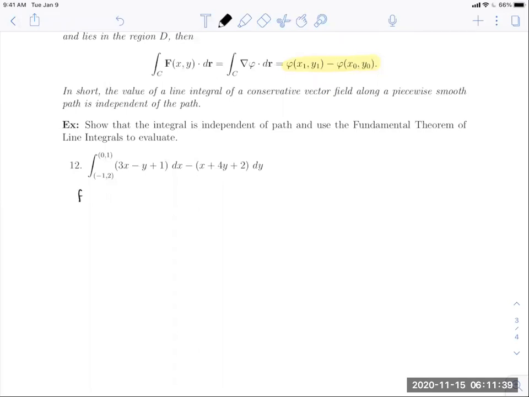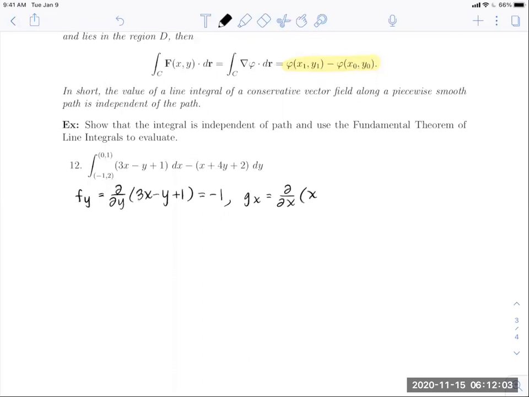First, I'm going to take the partial with respect to y of my f component function. So this is partial y of 3x minus y plus 1, and that gives me a negative 1. Let's also compute the partial with respect to x of g.